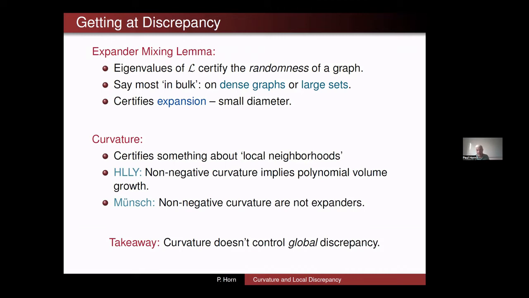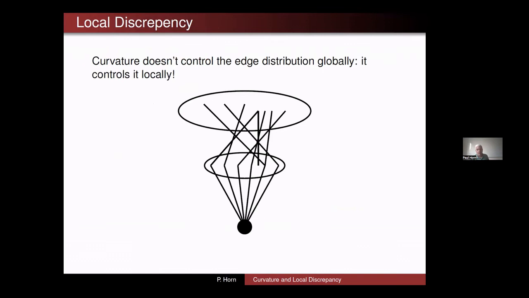And I don't have that from a curvature lower bound. However, it doesn't control the edge distribution globally. It does turn out to control it locally in the following sense.